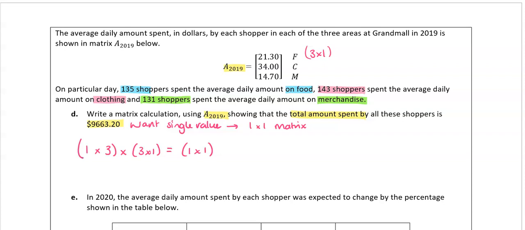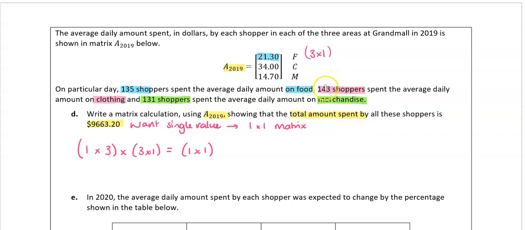If I said to you, you've got these daily spends and this amount of shoppers in each area, how would you work out the total amount that they spent? You're probably pretty comfortable that you would say, well, the 135 shoppers who shopped in the food section were spending $21.30 each. So if I multiply those together, that gives me the total spent on food.